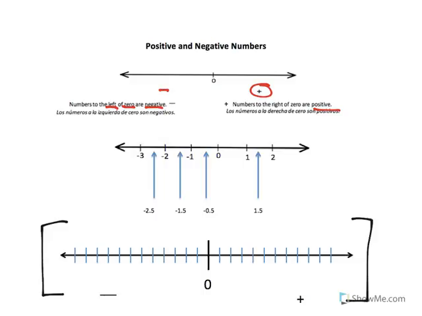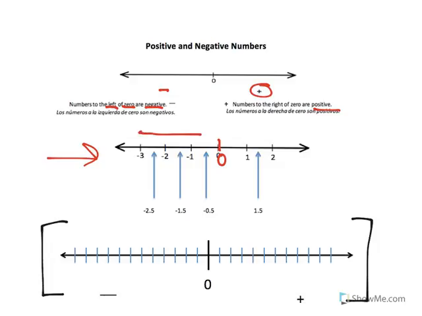Los números a la izquierda de 0 son negativos. Look, mira, en esta línea, in this line, I have 0 here. Yo tengo 0 aquí.